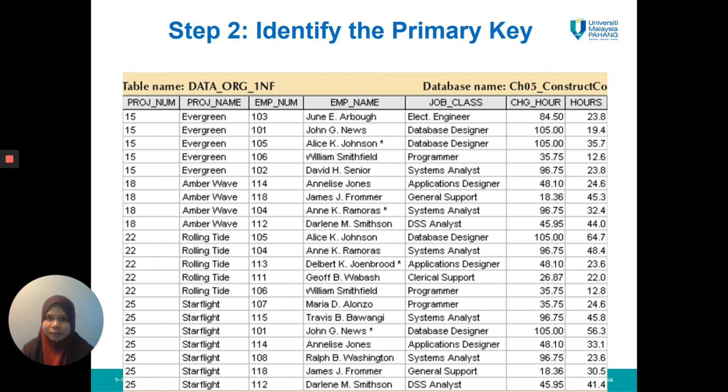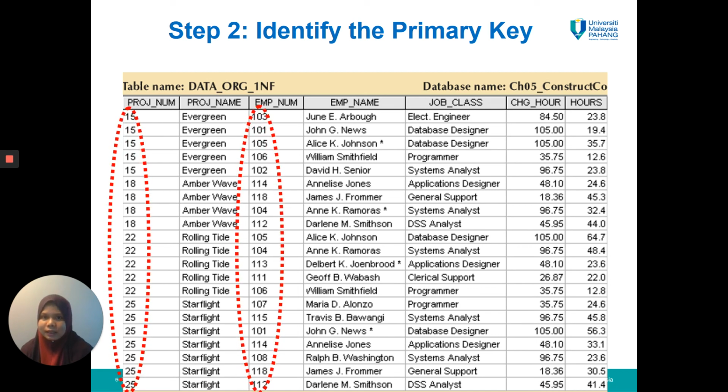So this is our table and how we find the primary key. Based on this table, as I mentioned, we have two primary keys, which are project number and employee number. For project number 15, the project name is Evergreen. If the project number is 18, the project name is Amberwave. So based on the project number, we know the project name.